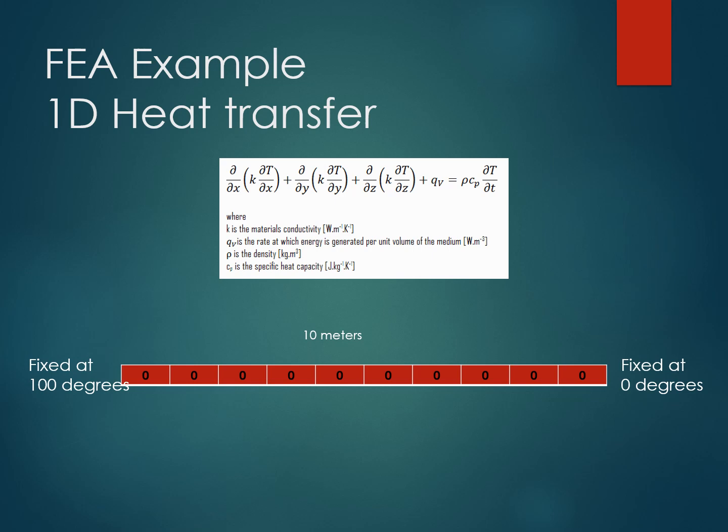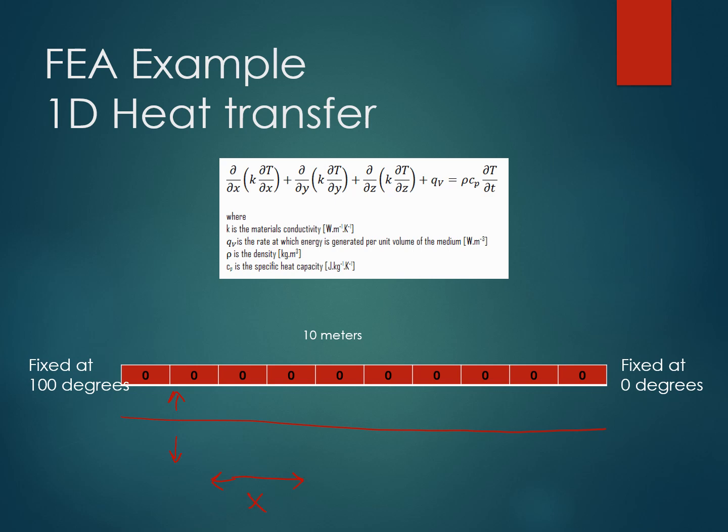Think of this as just a long wire that has an infinitely small thickness, so we don't have to worry about heat spreading transversely, so like this direction or this direction. Our heat is only going left and right in what we'll call the x direction.